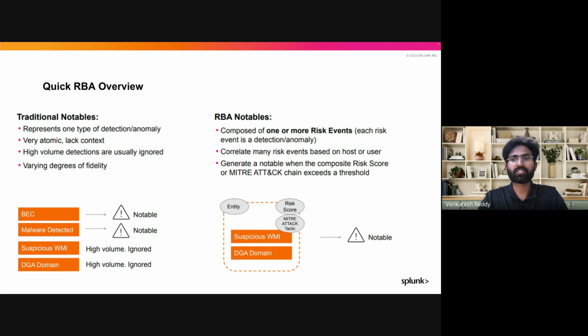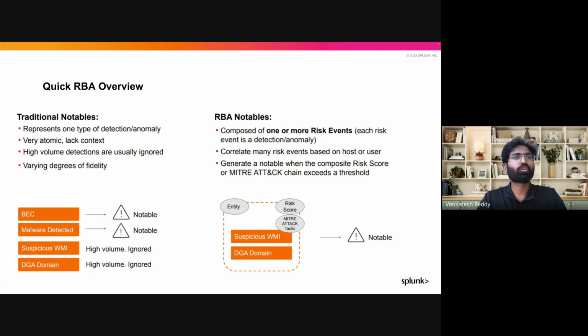The first thing here is that RBA mainly uses the Enterprise Security correlation search framework to collect the interesting and potentially risky events into a single index, which we call the risk index. We'll talk about that in the next slide. The main things we use in RBA are risk analysis, adaptive response actions, notable events, and the assets and identity framework.